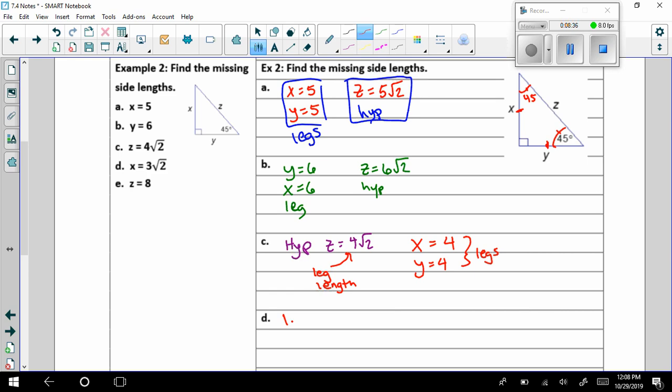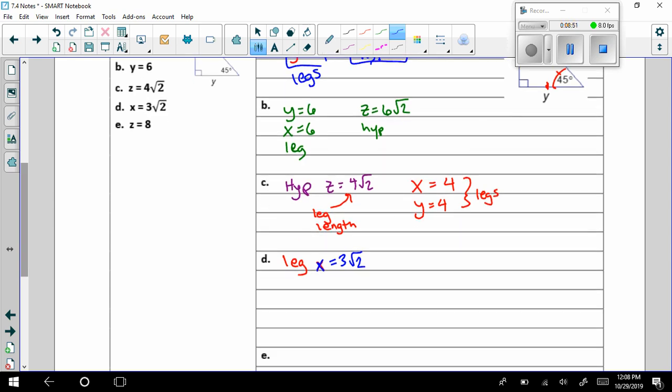So what happens then on this next one if our leg is 3 square root 2? Well, we still know that y is a leg, and so it is also 3 square root 2. And our hypotenuse is our leg length times the square root of 2.